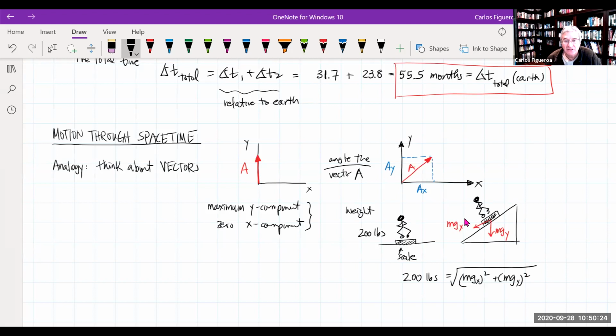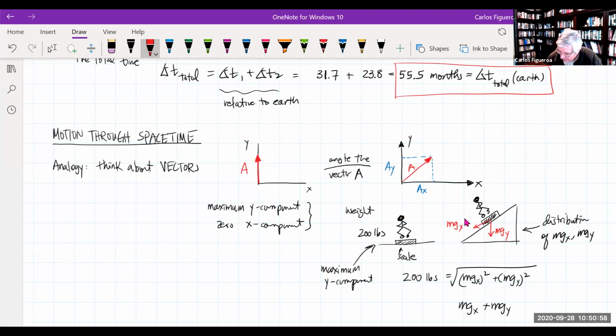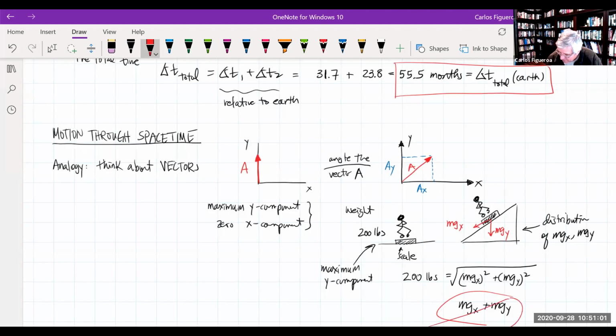Here, you get maximum y component. Here, you get a distribution of mgx and mgy. It's very common for students to say, I can just add these to get the weight. And the answer is no, you can't do that. This is not correct, because weight is a vector.